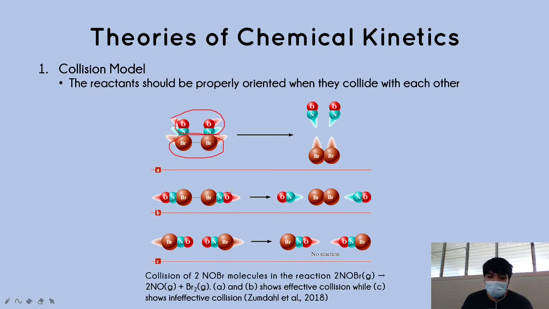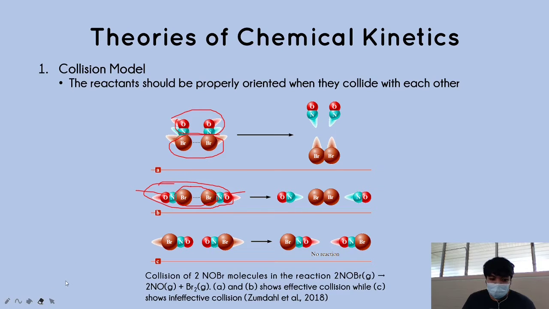It is also possible to have a different orientation, as long as it is the two bromine parts of the nitrosyl bromide molecules that come in contact with each other, so that they form bonds here and these two detach from the parent molecule.